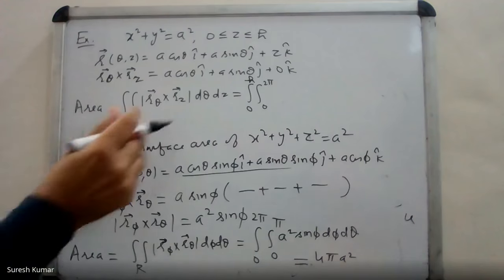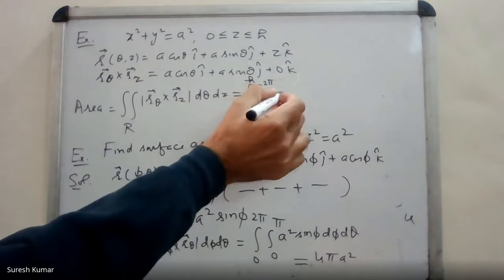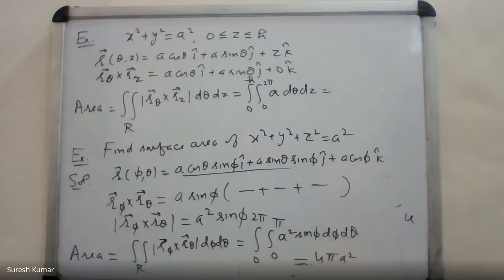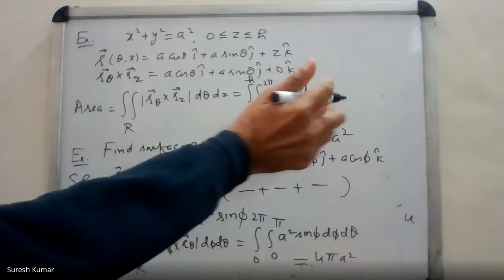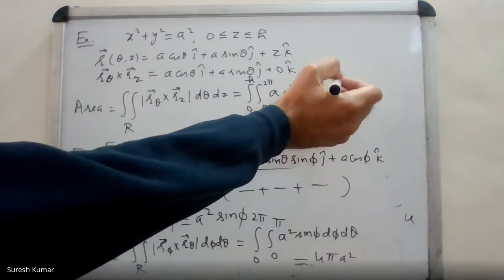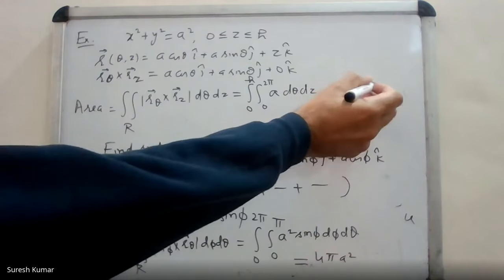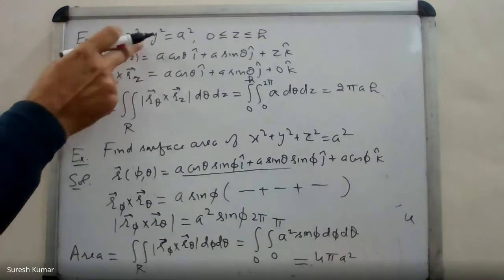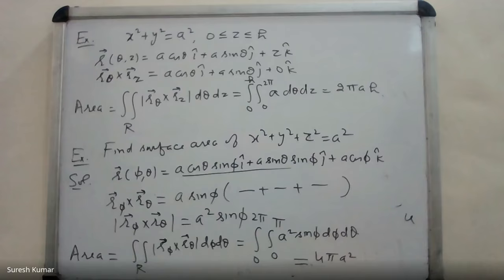Alright. Simplify this double integral, very simple. First integrate with respect to theta, apply upper limit minus lower limit, you get 2 pi a, then integrate with respect to z, finally you get 2 pi ah. Check it yourself. Correct? So as expected, the curved surface area of the cylinder is 2 pi ah. Okay?